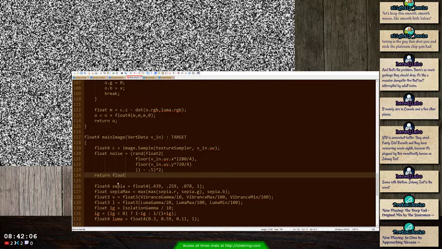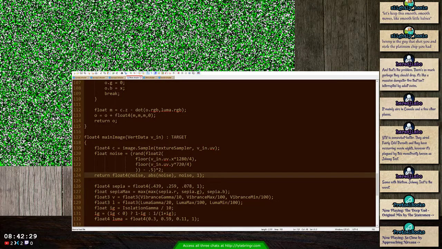Then we do the same return, and now it should be colored. Actually, it should break. But we'll see in what way it breaks. No, that's good. I like it. So now we have positive and negative values between -1 and 1.